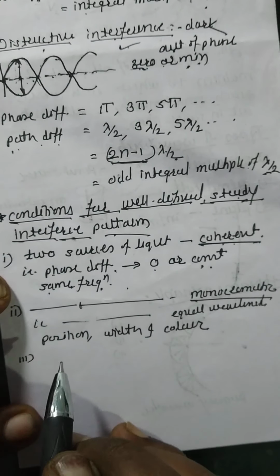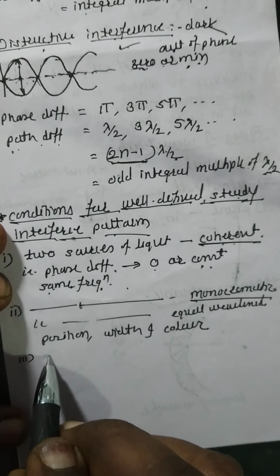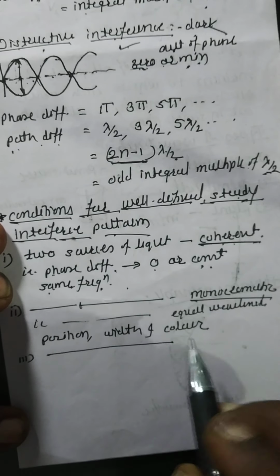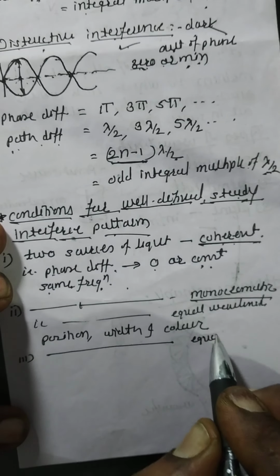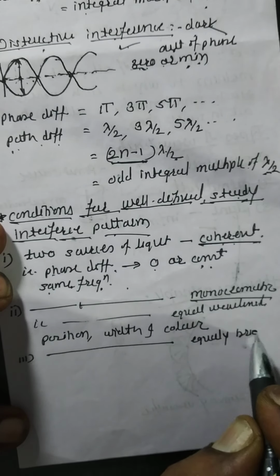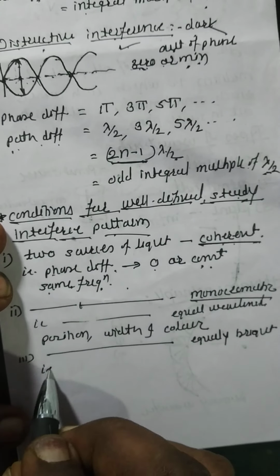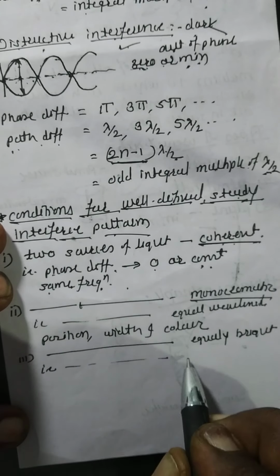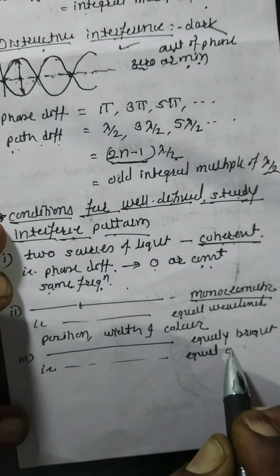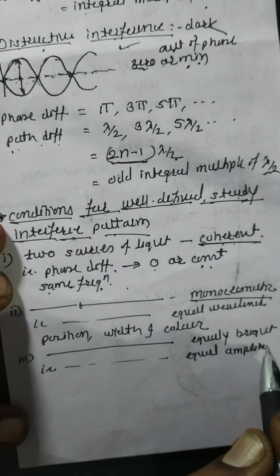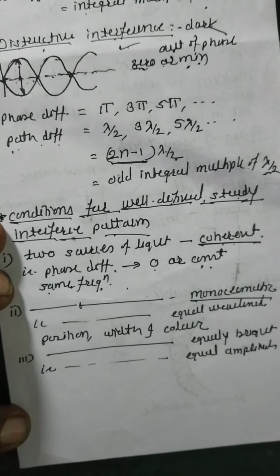Third, an important one: the two sources of light must be equally bright. That is, these sources produce waves having equal amplitudes, because the intensity of the resultant wave depends only upon the amplitude of the wave.